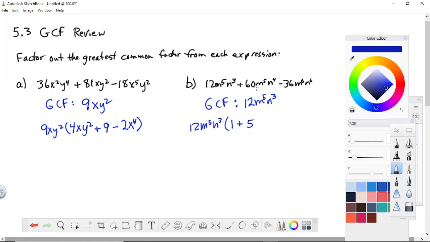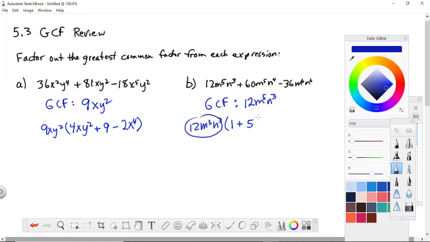Now look at the m. We divide 60 m to the fifth n to the fourth by that, and the m to the fifth cancel, or think of it as subtracting exponents. 5 minus 5 is 0. So it would be m to the 0. Well, we know m to the 0 is 1, remember?